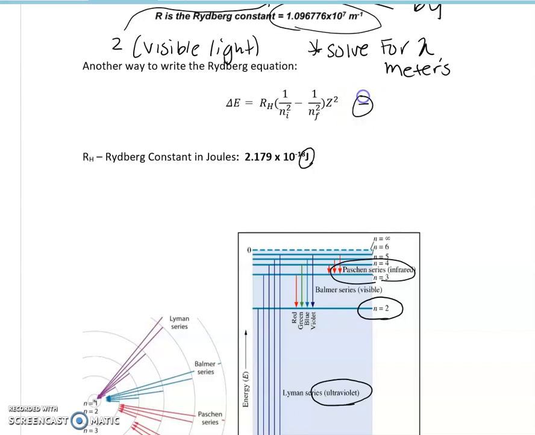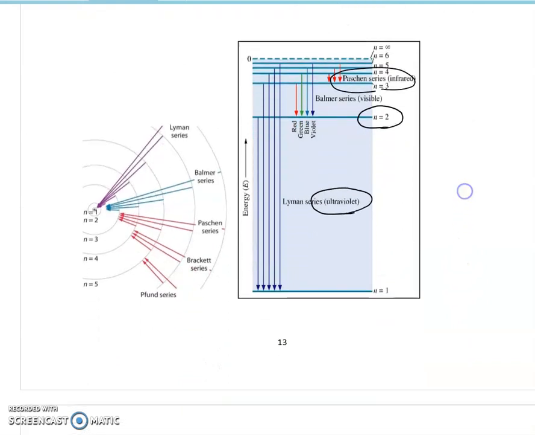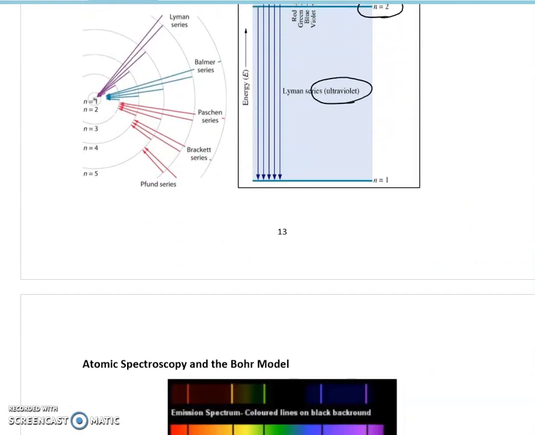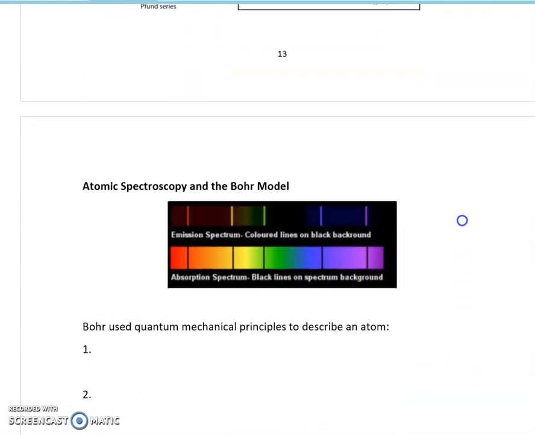So if you get a minus value, that indicates that energy is going to be released. And if you get a positive value, that's energy absorbed. Okay, so we're going to do an example using this formula a little bit later, but I just wanted you to understand that there's a couple different formulas that we'll use.